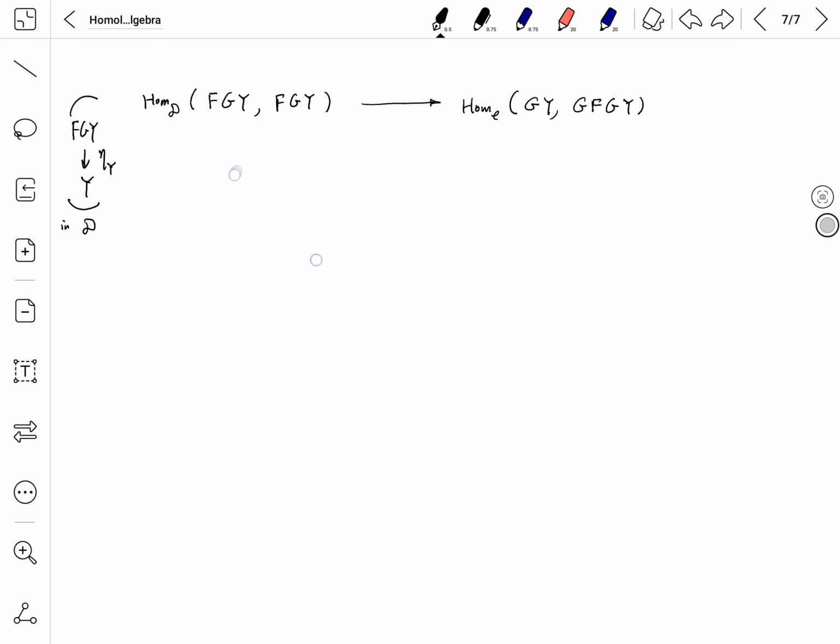Then we got this. So we're taking x to be Gy, y to be FGy, and apply it on the morphism from FGy to y. Then this is a covariant functor, so you got this.